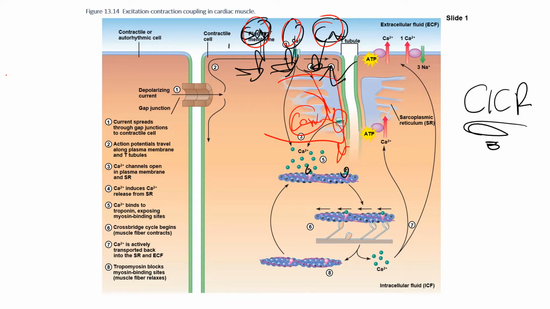It can't be done. You need the DHP receptors to open throughout the plasma membrane and the T-tubule in order for the ryanodine receptors to open.